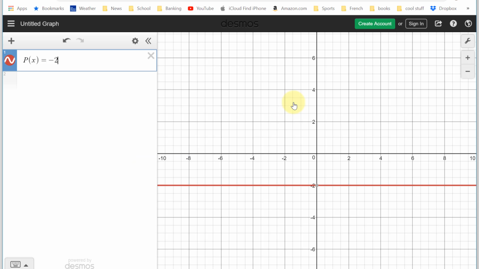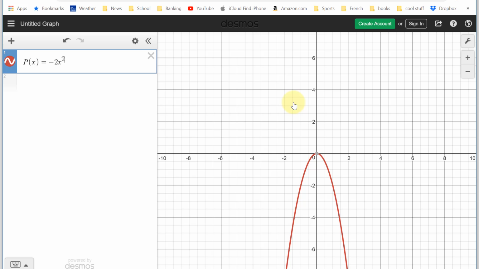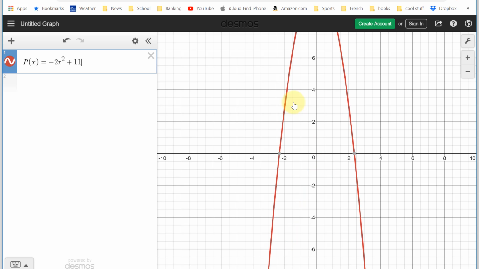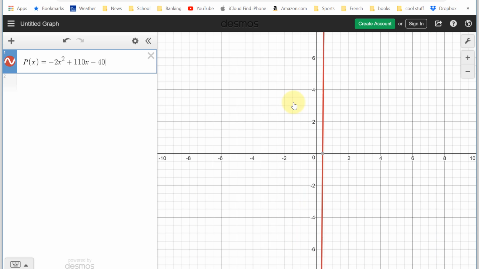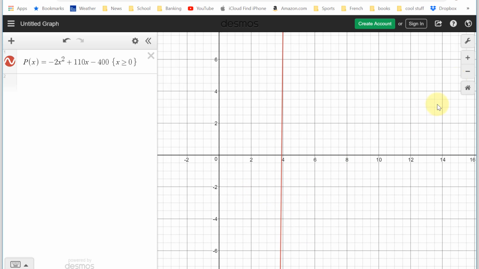Profit is negative 2x to the power 2 plus 110x minus 400. And, well, we can include the restriction that x is greater than or equal to 0. But you could have negative profit, so I don't need to restrict that.